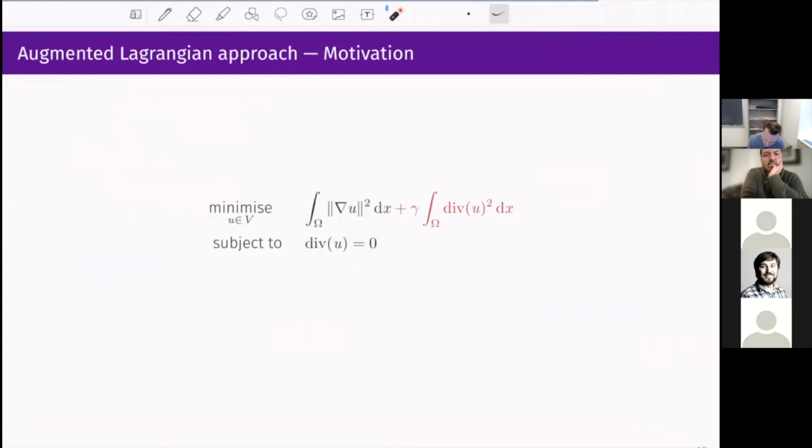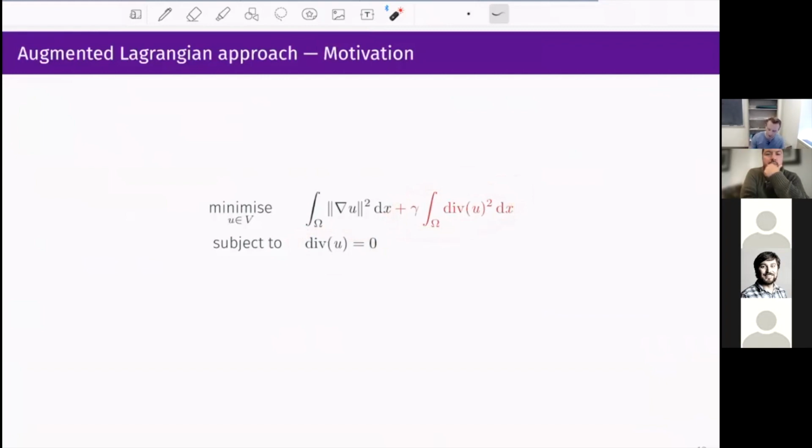And we immediately see that adding this penalty does not change the minimizer, because we require that this is exactly equal to 0. At the minimizer, this is 0, and it doesn't change the solution to our system.